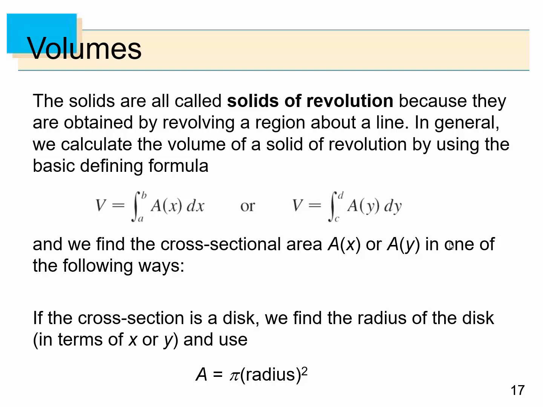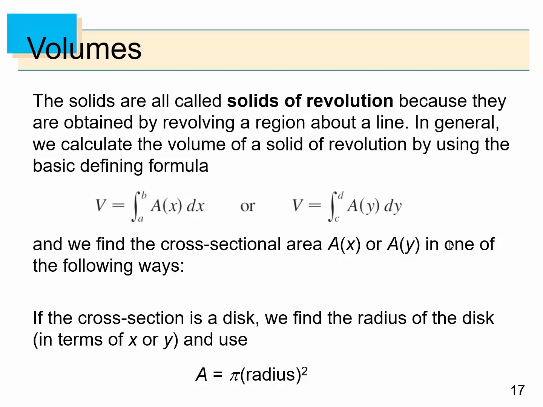And depending on the line you use, the algebra can get a little trickier, but it's all going to boil down to a very simple concept. You just have to find the area of a slice and then take the integral, right, from a to b or c to d or whatever it is, of those areas.